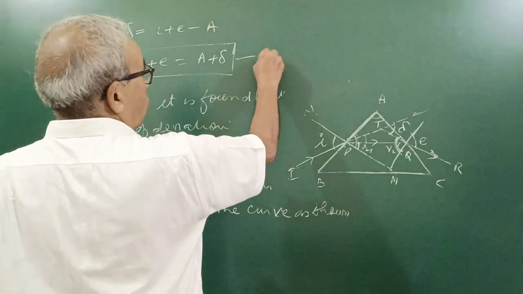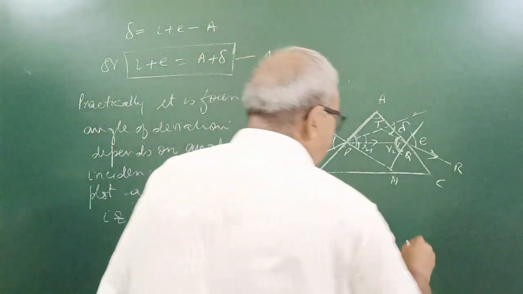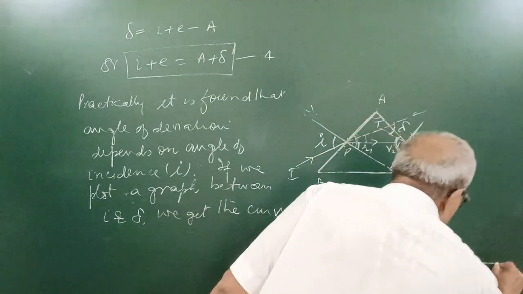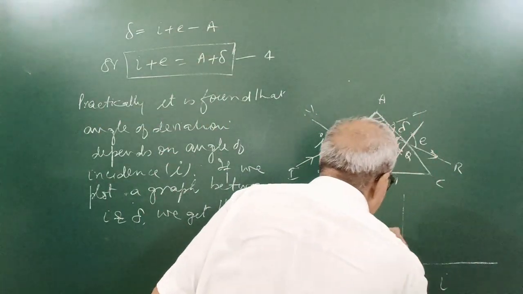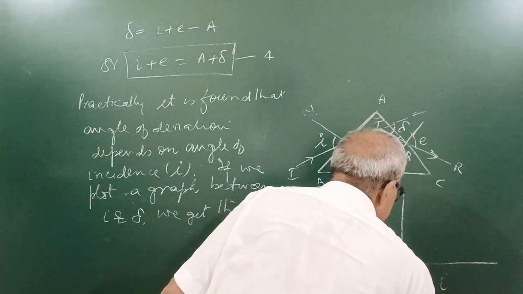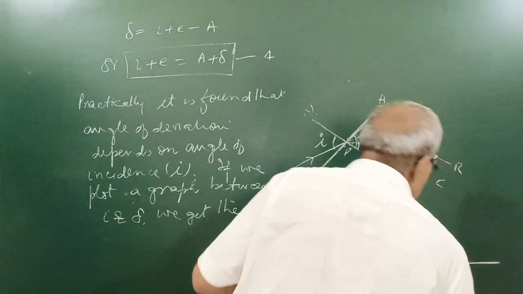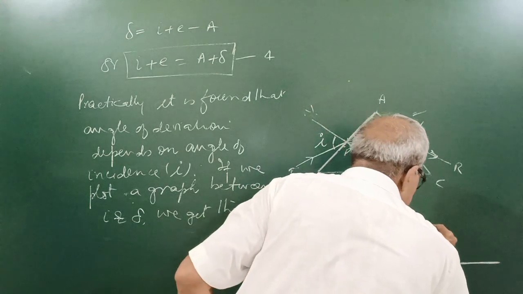Equation 4. So what is that graph? I take I this side, delta this side, so the curve comes like this.